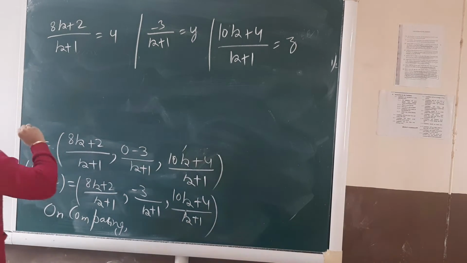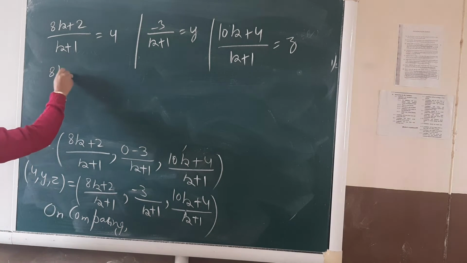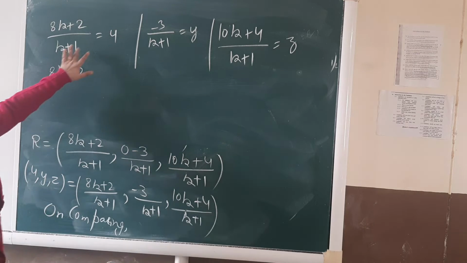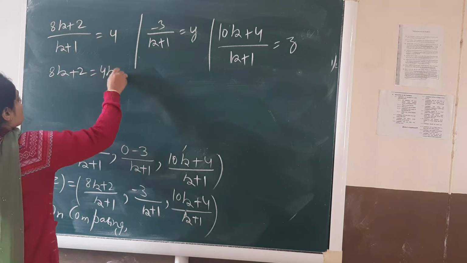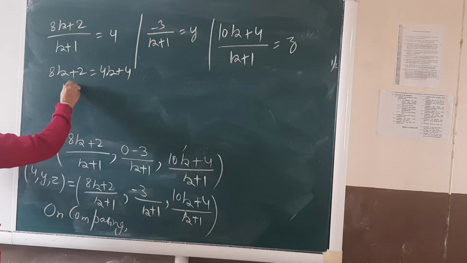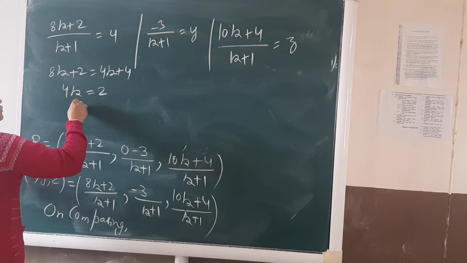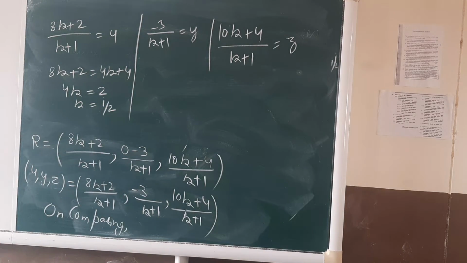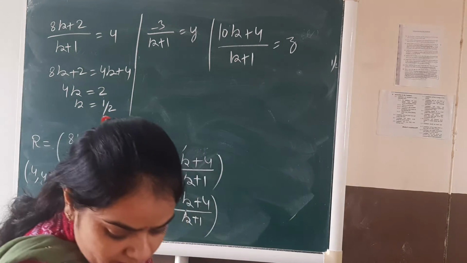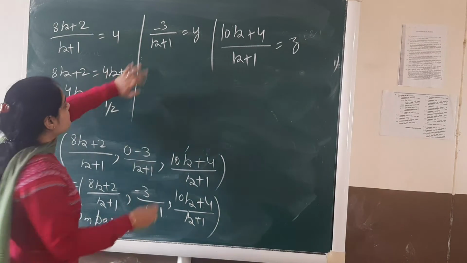From here we can find the value of k. This is 8k plus 2, and this k plus 1 when multiplied with 4 becomes 4k plus 4. So 4k equals 2 and k's value is equal to 1 by 2. Now, can we substitute the value of k here?